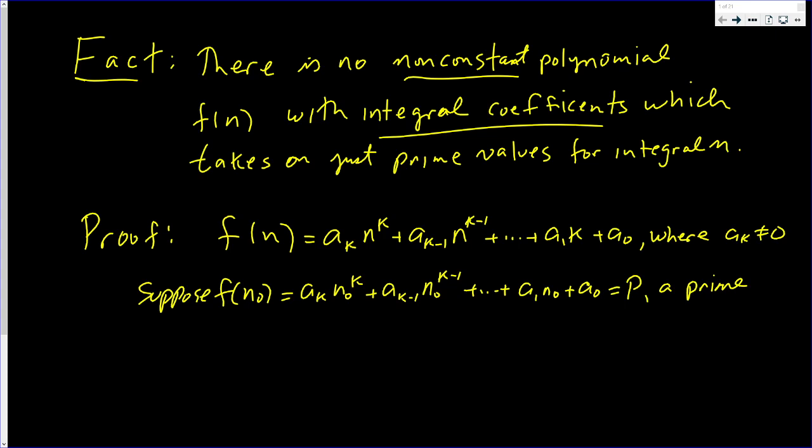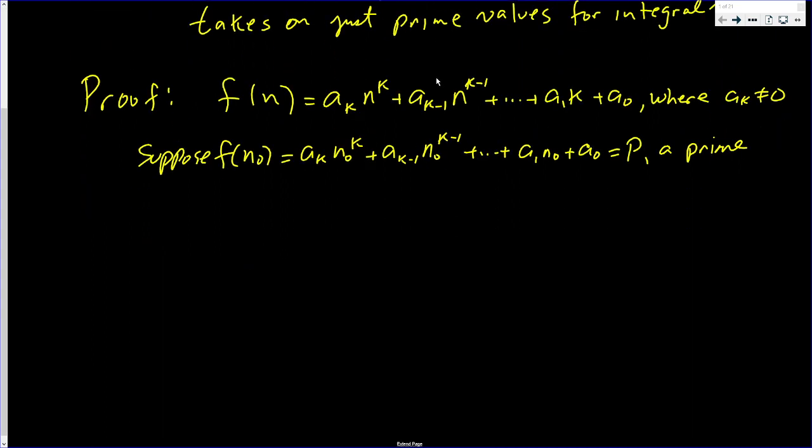Now, to show that this polynomial f of n can always put out a prime, let's consider this.